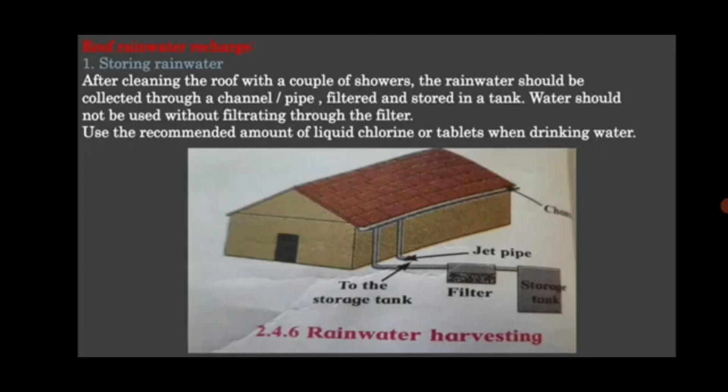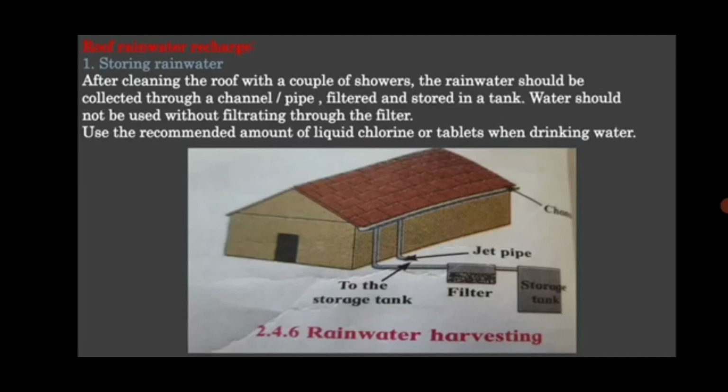The first one is storing rainwater in the tank. For the purpose of saving water, and in places where drinking water is not available, rainwater falling on the roof can be stored in a closed tank for drinking and other purposes. After cleaning the roof with a couple of showers, the rainwater should be collected through a pipe, then filtered and stored in the tank.